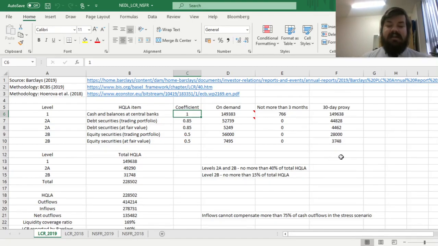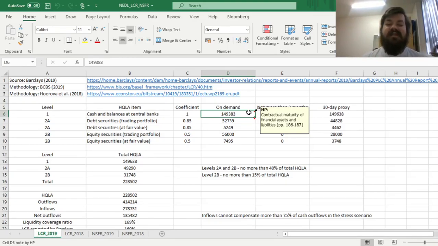And as the liquidity coverage ratio is concerned with short-term liquidity, 30-day liquidity to be precise, we can note that most banks report on-demand items in their contractual maturity of financial assets and liabilities disclosure. This section can go either as contractual maturity or maturity analysis of assets and liabilities. This should be available for any systemically important financial institution you're investigating.